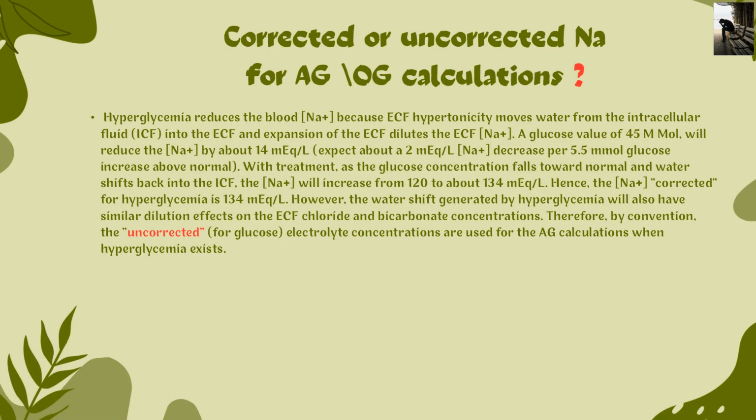The question has been asked whether you use the corrected or uncorrected sodium for the anion gap or osmolar gap calculation. The answer is the uncorrected, because whatever effect is created by the hyperglycemia is the same for every electrolyte. So you use the uncorrected sodium for calculations.